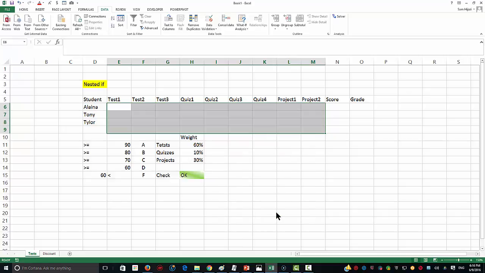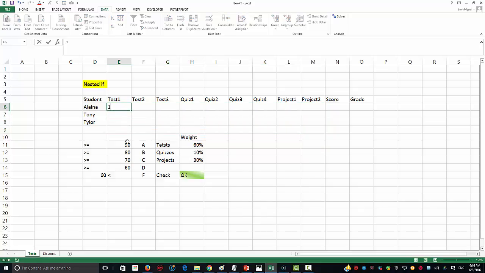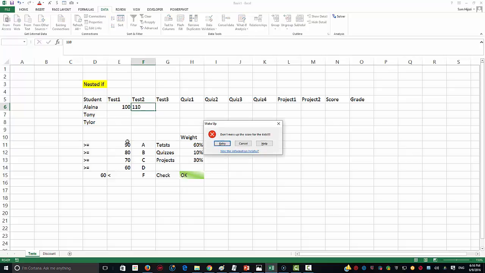And here we go. Notice when I go to this Test 1 and I put 100, that's fine. 110 is going to be problematic, and it says don't mess up the score for the kids. And you could say retry. Sorry, I'm going to give you what you deserve, 90.